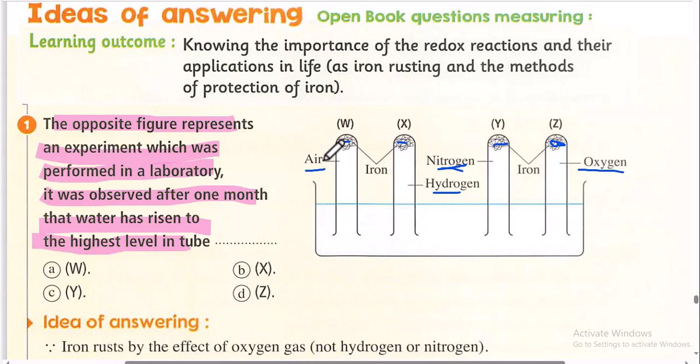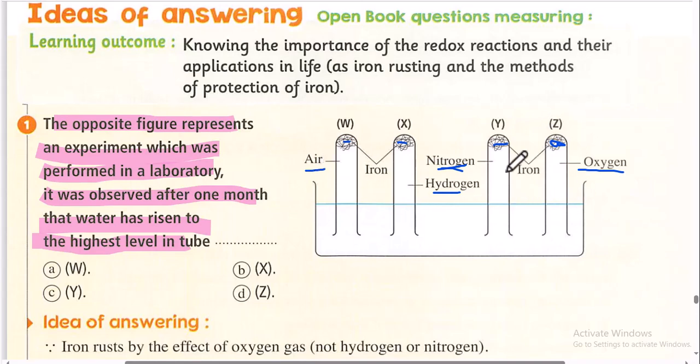So air is composed of 1/5 oxygen. Here it is 100% oxygen. So the rusting process here in the Z tube is higher than that of nitrogen or hydrogen or just air, which contains only 20% oxygen.